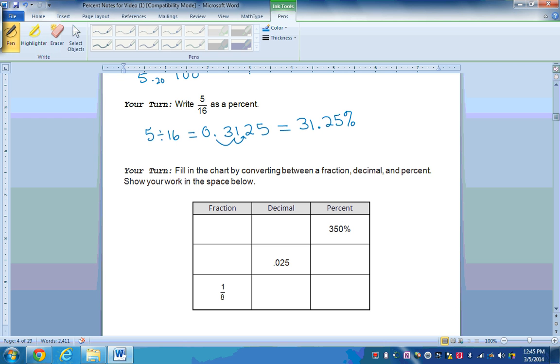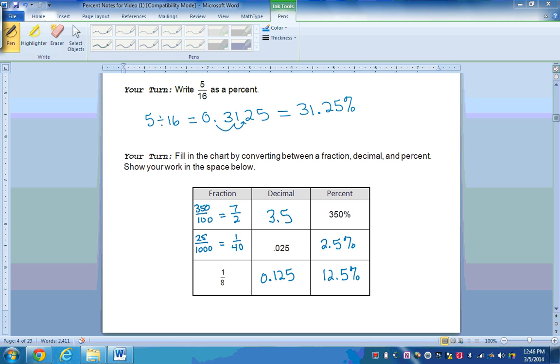I'll explain what you need to do. 350%, you should change that into a decimal and then into a fraction. Then in the next row, the 0.025, you're going to change it into a fraction and to a percent. And finally, 1/8, you're going to change into a decimal and into a percent. Hit pause, try those, and come back.